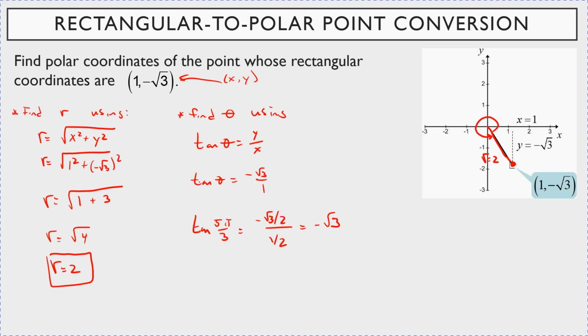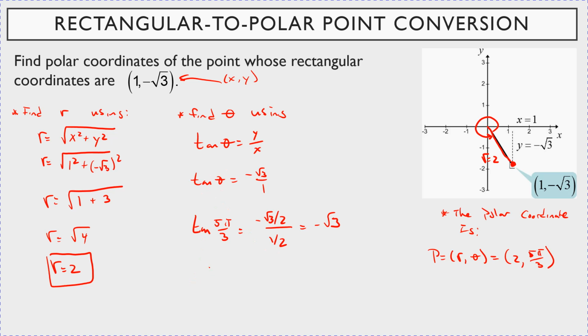But what's another way that's really interesting here? So the conversion is, so the point is r comma theta, it's 2 comma 5 pi over 3.